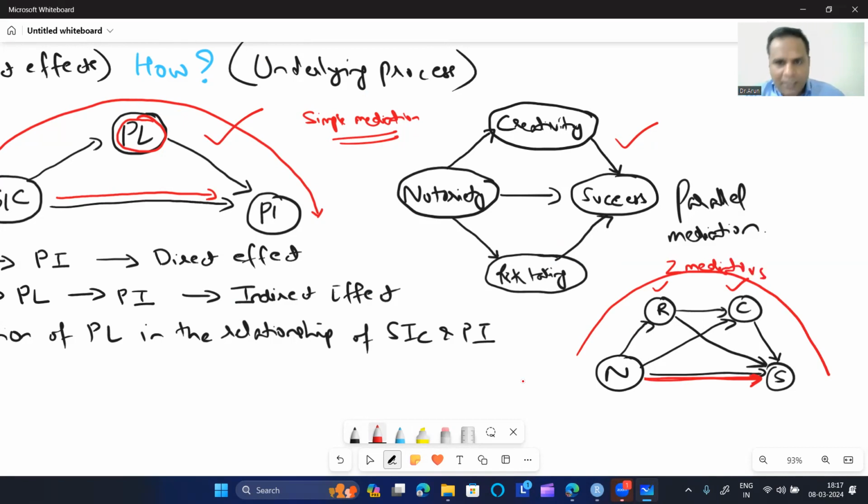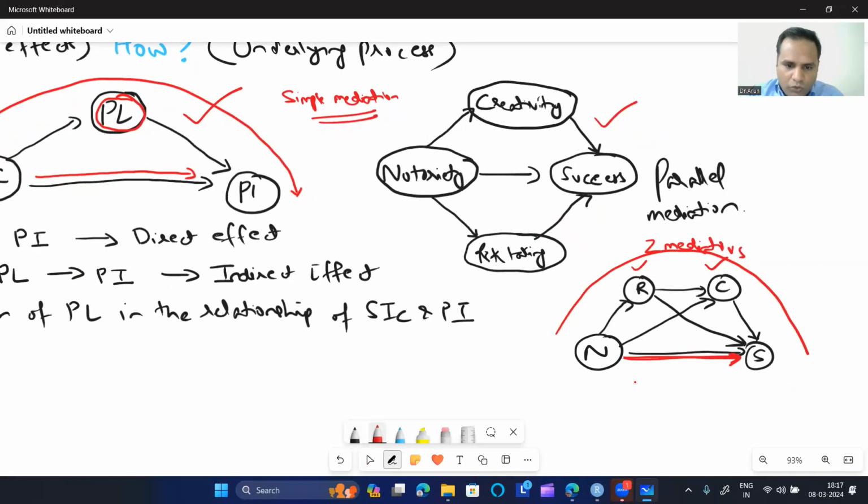So the third model that you see before you is a case of a serial or sequential mediation.